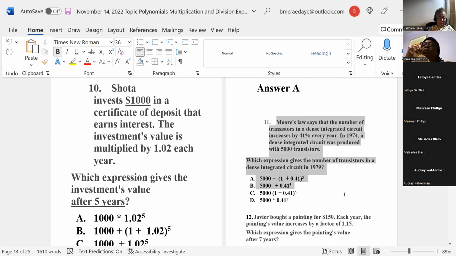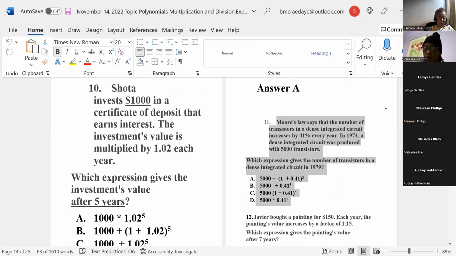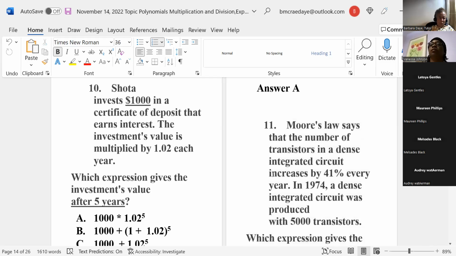Okay, I'll make this bigger. And Audrey, I want you to give me the answer for this one. Now, you have an increase, let's see, 41%. 1,000 multiplied by there's your increase. 2 to the 5th power.